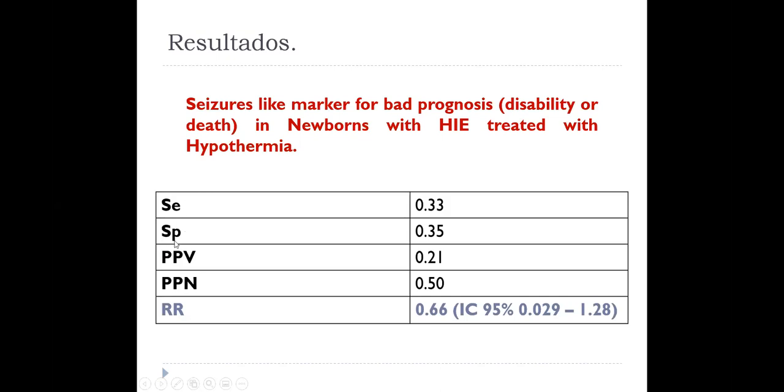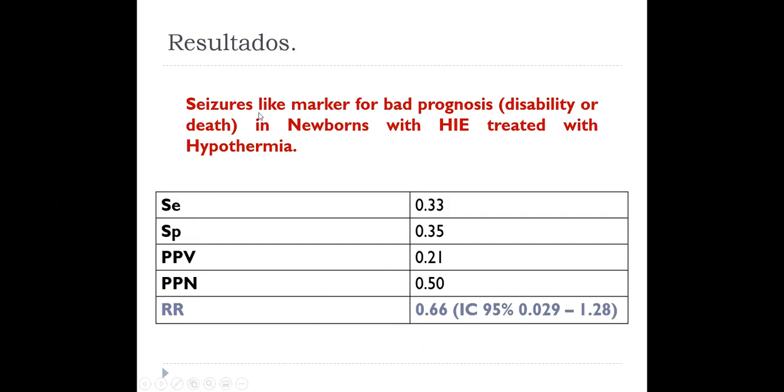The sensitivity and specificity were very low, and the positive predictive value and negative predictive value were too low. And you can see this relative risk below 1, which means it's a protector factor.